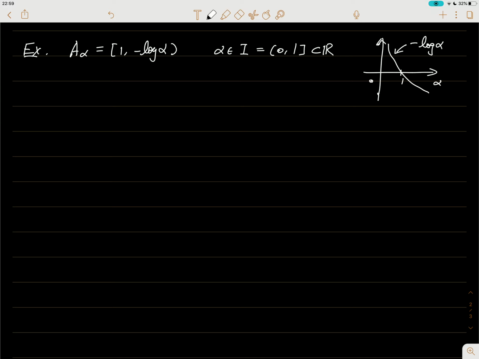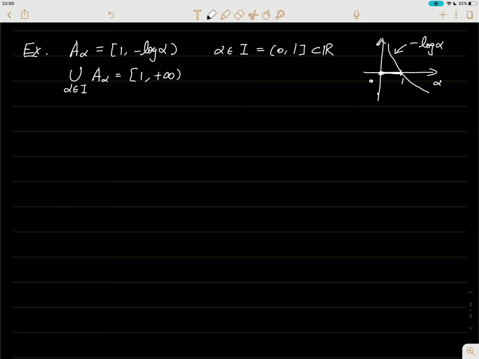If your alpha is between 0 and 1, like here, then this negative log of alpha will be from 1 to positive infinity. So if I take the union of them, I'll get all the numbers from 1 to positive infinity.